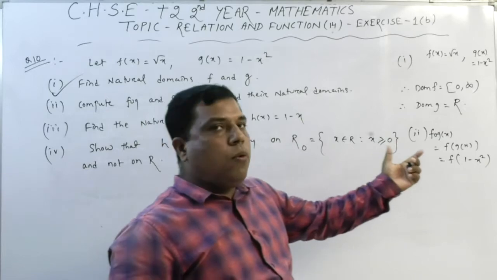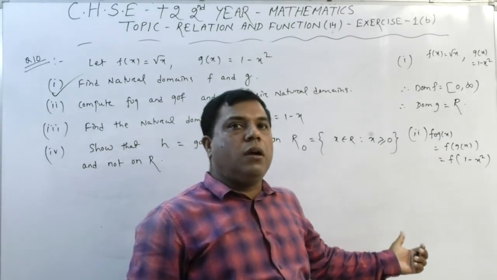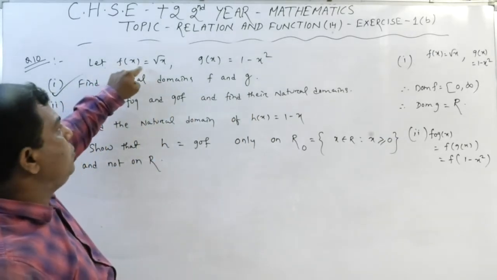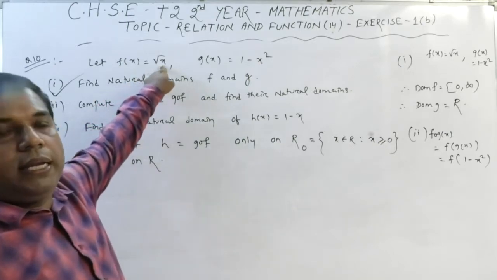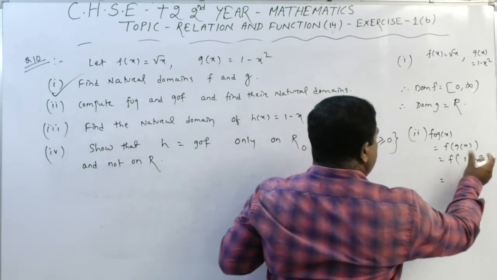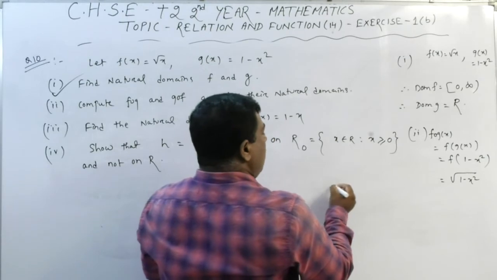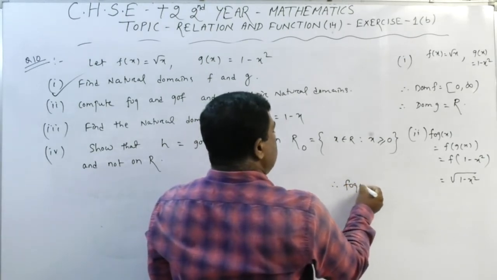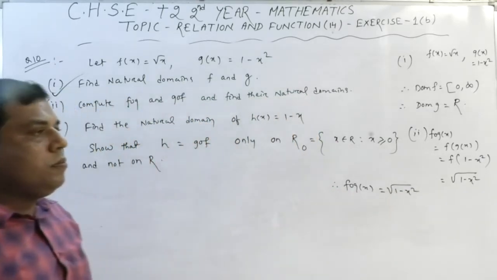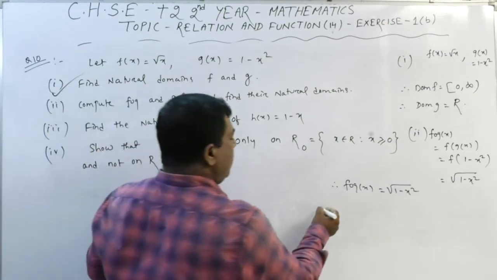So here 1 minus x square is behaving like an element for the function f. And what does the function do? It converts all its input values into the format root x. So the output is root under 1 minus x square. So I can say f∘g of x is root under 1 minus x square. Clear? Now we are going to find g∘f.